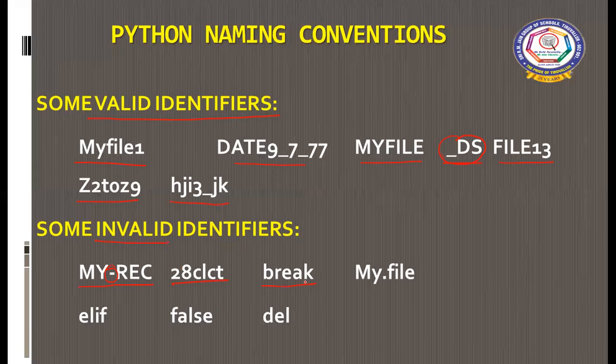Break is a keyword, so you cannot use it as an identifier name. My.file: dot is also considered a special character, so you cannot use it in naming a variable. Elif is also a keyword, False is also a keyword, del is also a keyword. So all these keywords cannot be used for naming a variable.